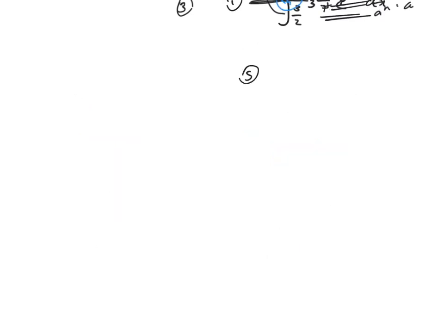Okay, example 5. I'm going to integrate dx over the square root of x. Okay, now let's just have a wee think about what this means. If you've got 1/4 times 3, well, another way of writing that is 3/4.